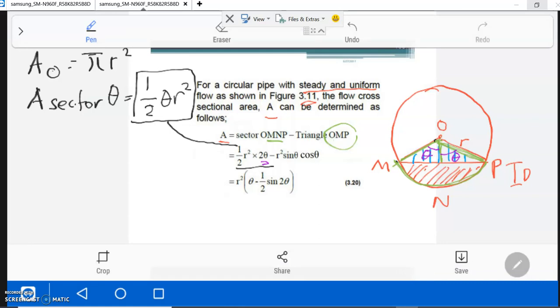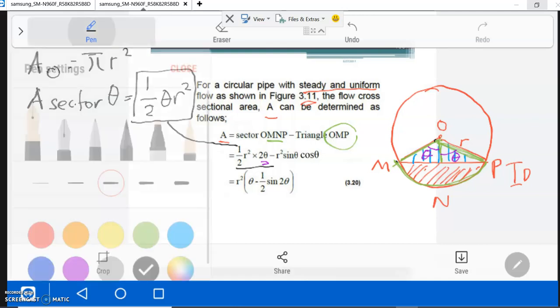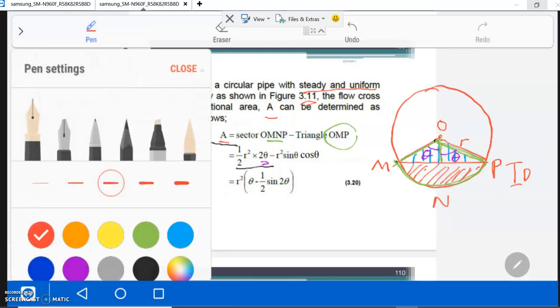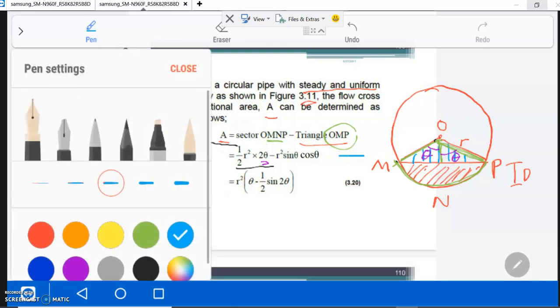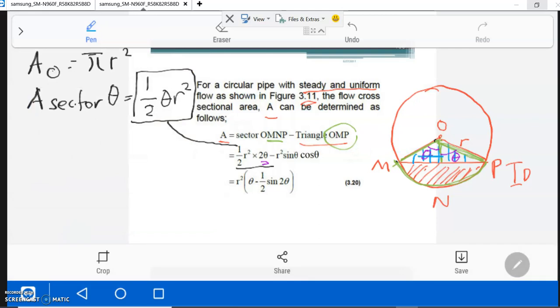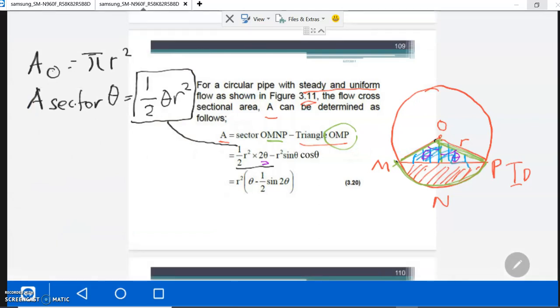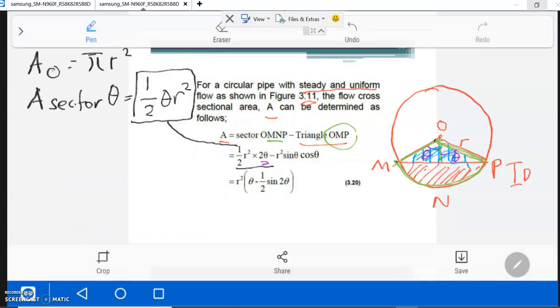Minus triangle OMP. Triangle is the blue, right? Yang ada lorek blue tu, nampak ni? Okay, blue this one. So, kita punya formula untuk triangle is apa dia?